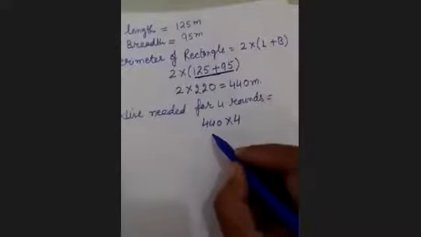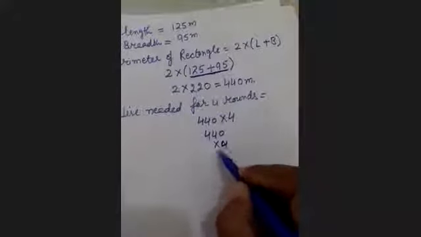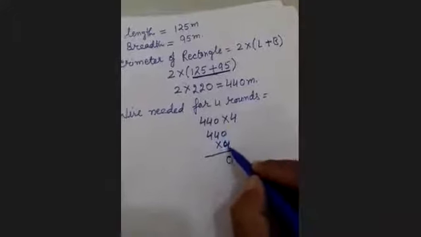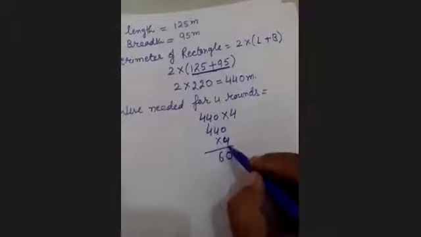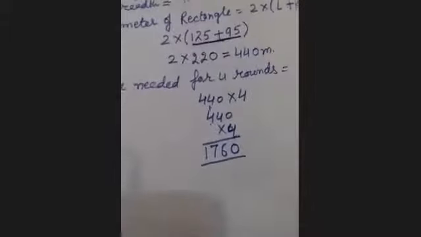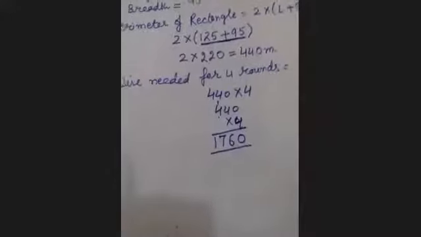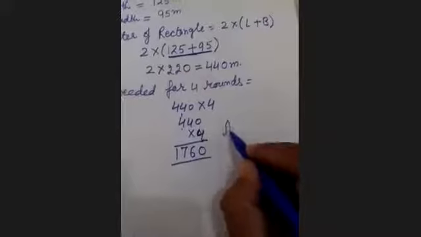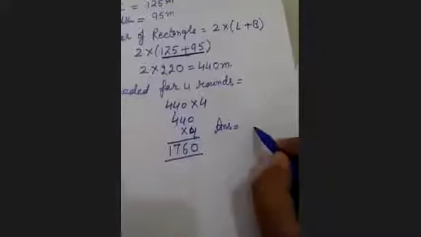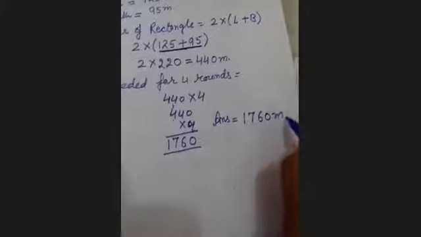Now 440 multiplied by 4 is 0. 4 4s are 16, 6 and 1. 4 4s are 16 plus 1, 17. So students, wire needed to fence this garden 4 times is 1760 meter. So your answer is 1760 meter.